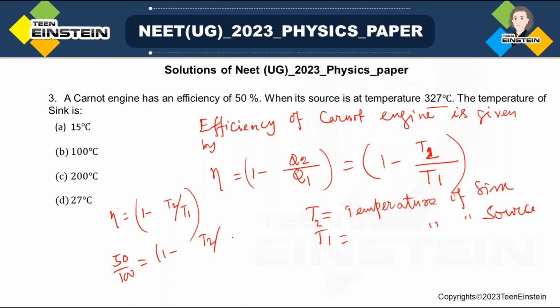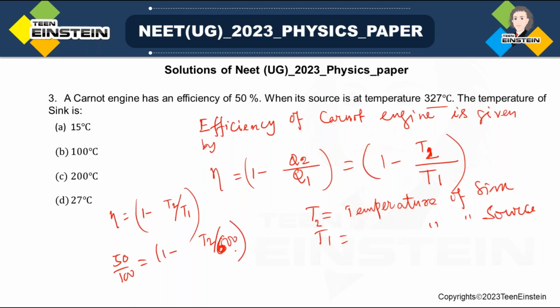T1 is how much? T1 is 500 degrees centigrade. Okay, now if we solve this problem, then slowly we'll be able to get the answer. So I think this is 600, right? So this is 600, not 500. This is 600.